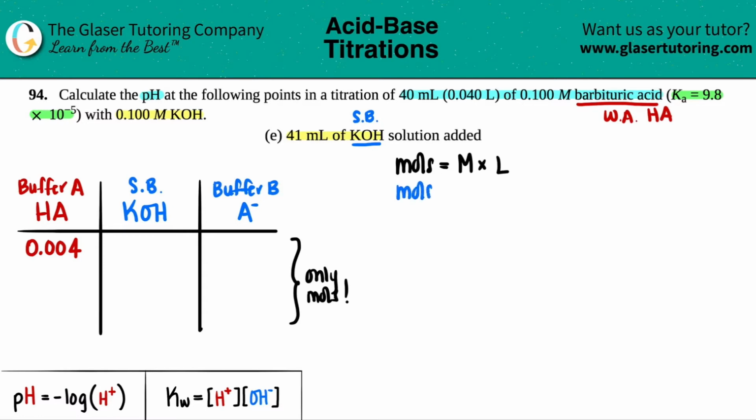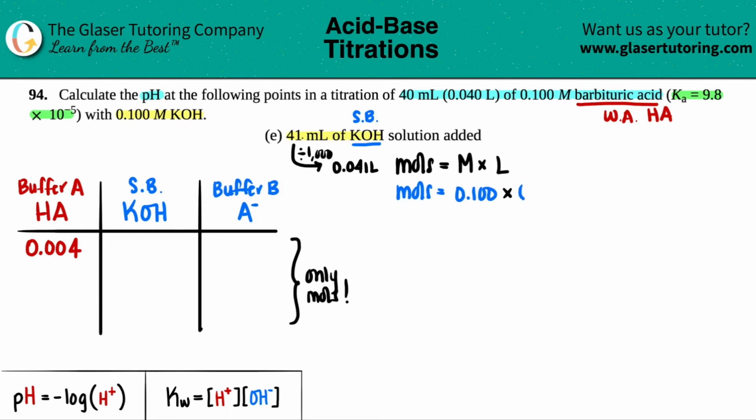So moles equals the molarity. They told us that we had a 0.100 molarity of the KOH times the liters. Now I just have to convert the 41 mL into liters, but that's easy because you just divide by 1,000, or just move the decimal over 3 spots to the left. So this would be 0.041 liters.